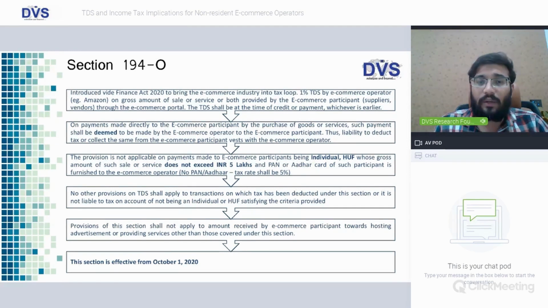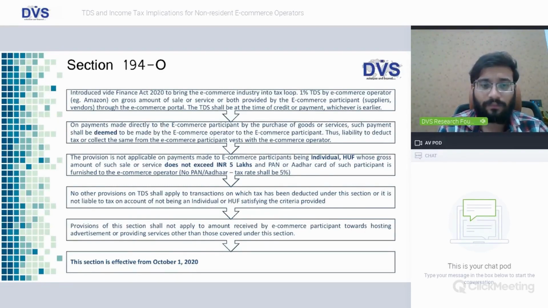On payments made directly to the e-commerce participant by the purchaser of goods, such payment shall be deemed to be made by the e-commerce operator. So, for example, if the payment for some reason is being made directly by the individual to XYZ and not to the portal, that is the Amazon portal, still in such a case it would be deemed to be made by the e-commerce operator to the e-commerce participant.